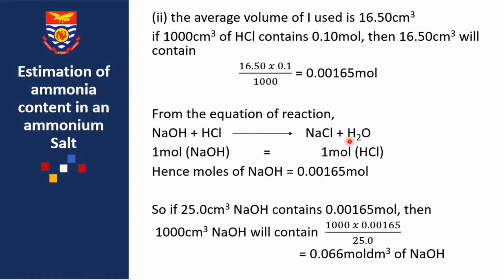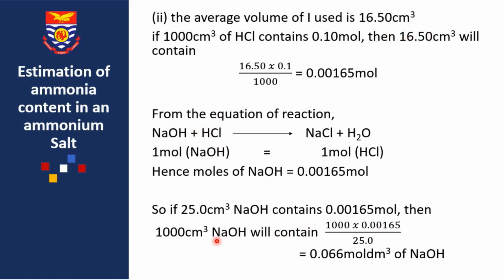Hence, the moles of the sodium hydroxide that reacted with the acid is 0.00165. So this is the moles in that 25 cubic centimeters of the sodium hydroxide, because it is this 25 here that reacted with 16.5 of this.